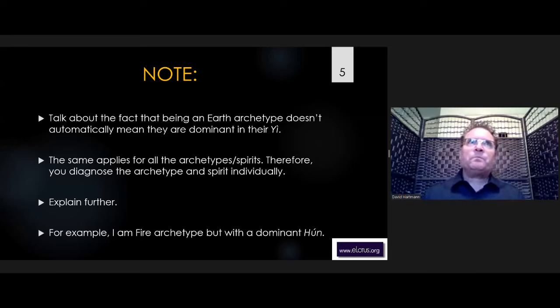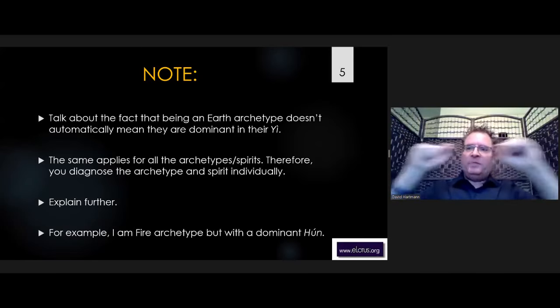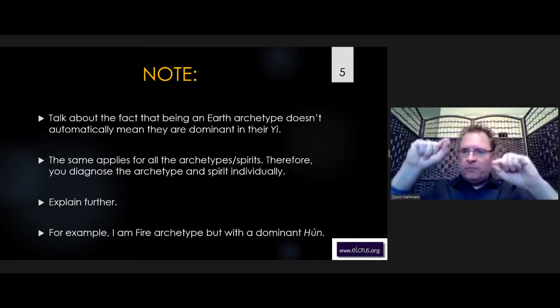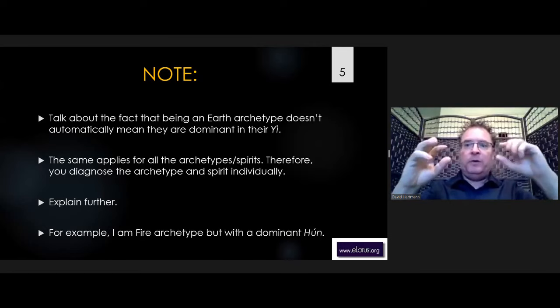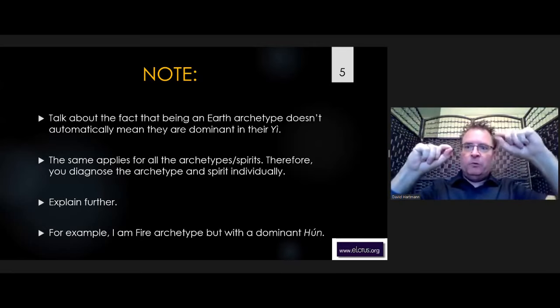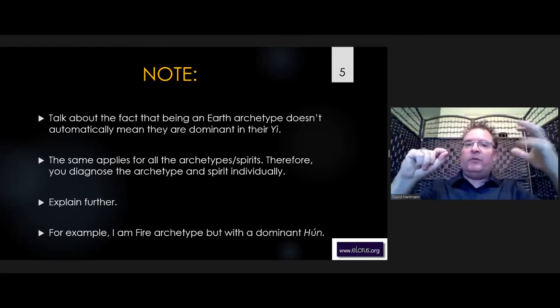This will be done a little bit more next week. But basically, just because you're an Earth archetype doesn't mean you're automatically going to have your Yi. So if this is the line of balance, and we picture all 5 of the spirits sitting at that line of balance, hovering a bit above, a bit below at any given point, just because you might be a dominant Earth archetype doesn't automatically mean that the Yi will be sitting up there in that more dominant role, or we might even consider that being a bit more excessive.